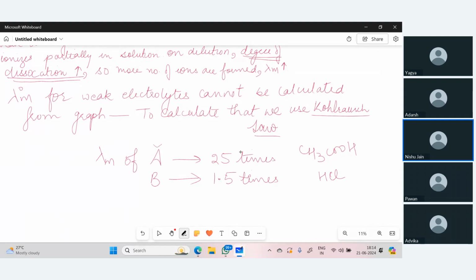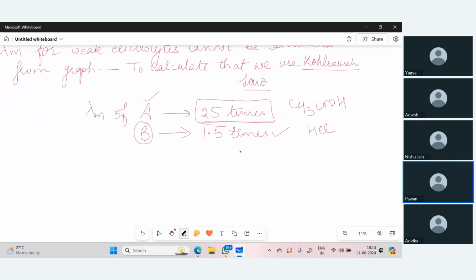So what should A be here, acetic acid or HCl? A increases many times, so it is the weaker acid, acetic acid, because here it increases to a larger extent. B is HCl, because here it increases to a lesser extent. Is this question clear?